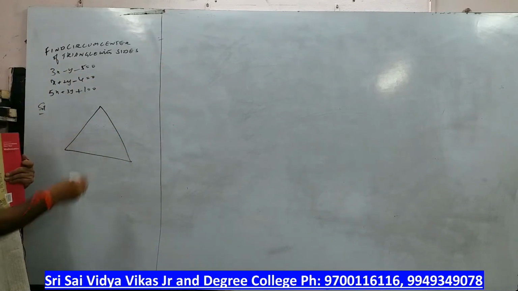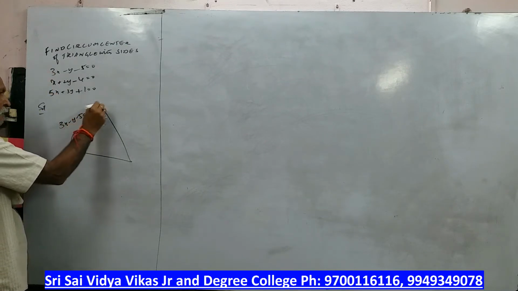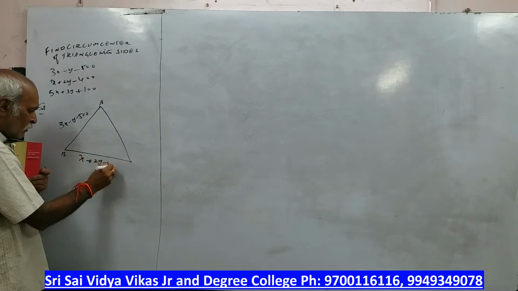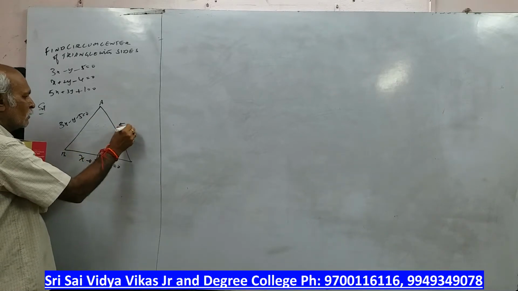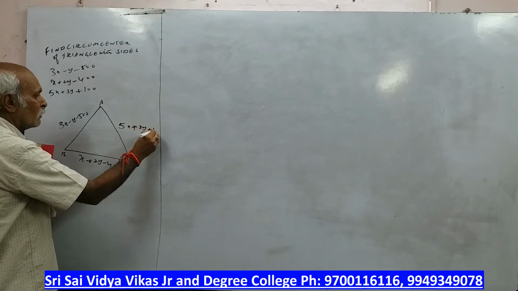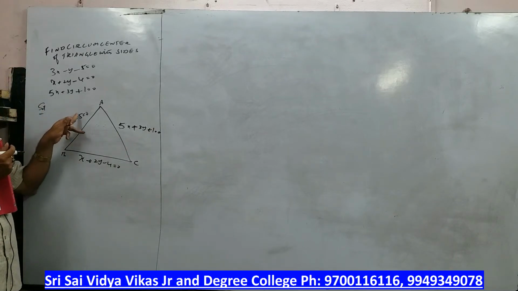Now observe here. Now line equations are given. So 3x minus y minus 5 is equal to 0.